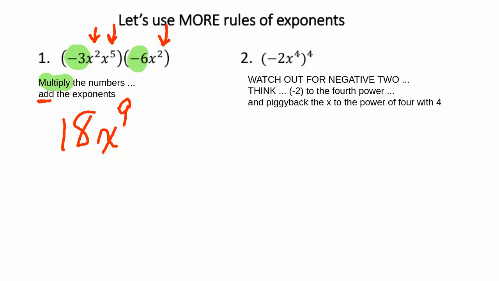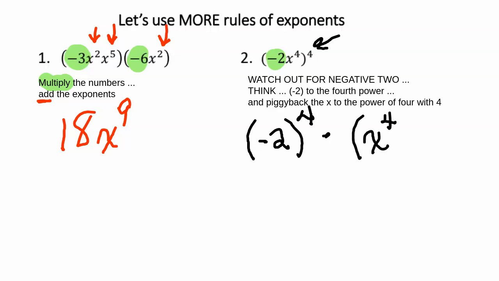Okay, this is what you want to think. I have a -2 inside. This means that I have a -2 in parentheses to the power of 4. And that 4 comes from the 4 here. And then I'm multiplying x to the 4th to the 4th.